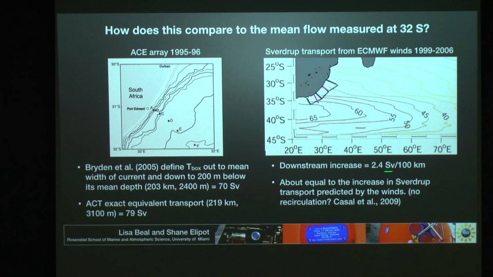So this is about 2.4 Sverdrups per 100 kilometers downstream increase in transport, and about equivalent to the Sverdrup transport predicted by the winds. So the implication is this is quite a different system, say, from the Gulf Stream increase in transport, where most of the increase is related to a recirculation of the current.